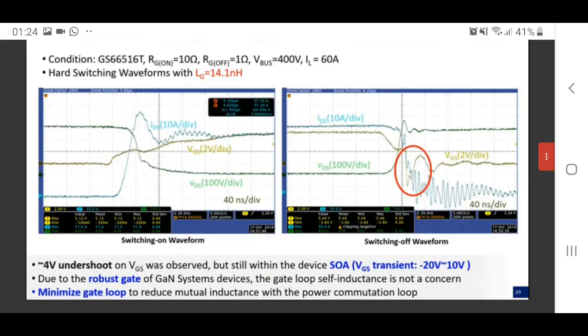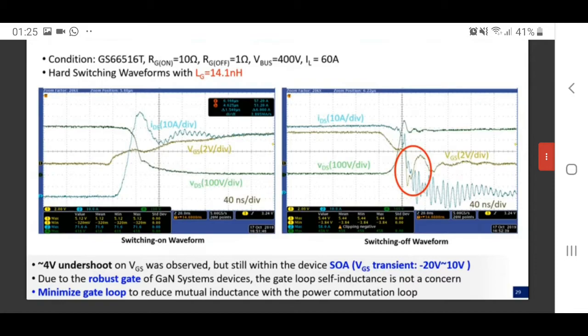It is clear that the design priorities are highly related to the device characteristics. For example, if the maximum negative VGS voltage is only 5 volts like most silicon carbide MOSFETs, then the gate loop inductance is really important.